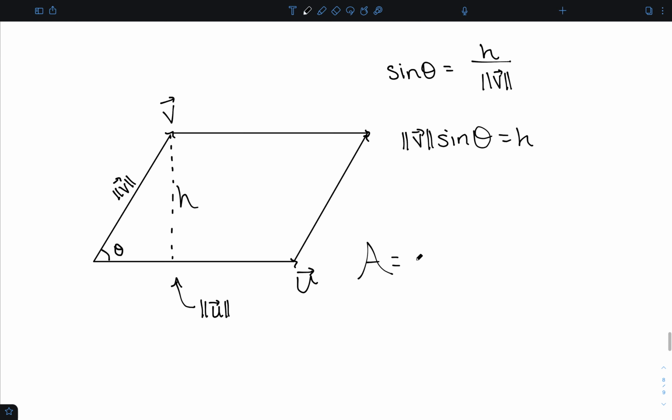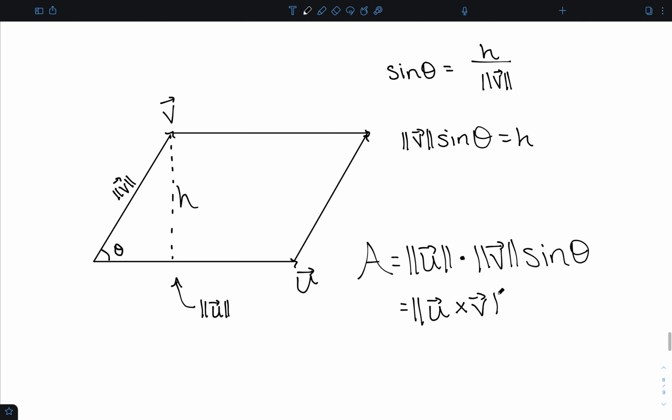So the area is the base times the height. So the length of u times the length of v times sine of theta, which is by definition the magnitude of u cross v. So I can find the area of a parallelogram using the cross product.